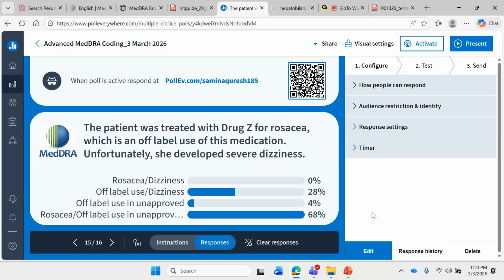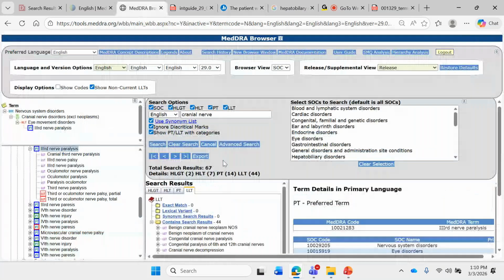This is something I'm going to be very careful to say. Before, you were not able to say off-label use unless it's explicitly stated. Unless something is specifically stated, here we can say off-label because it's written in our verbatim, which is an off-label use. It's explicitly stated, that's why I can say off-label. But let me go here.